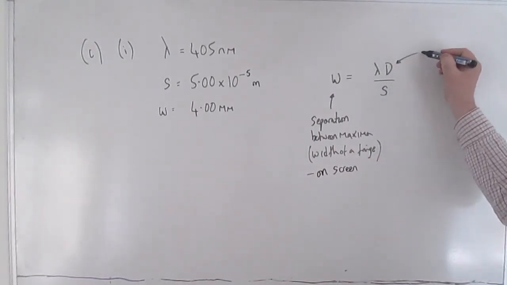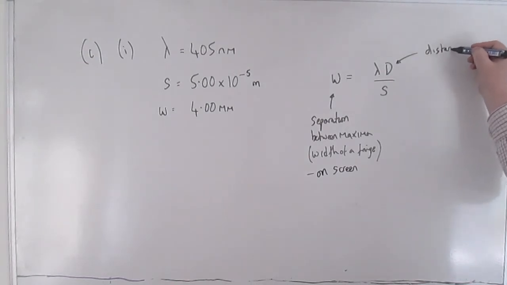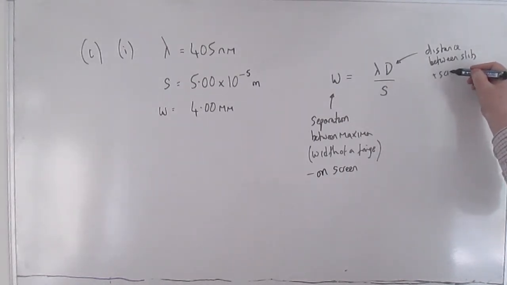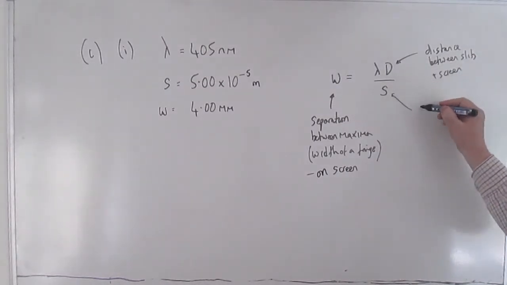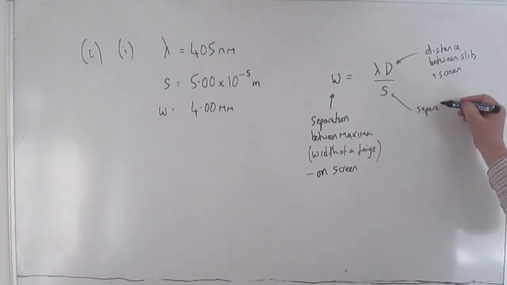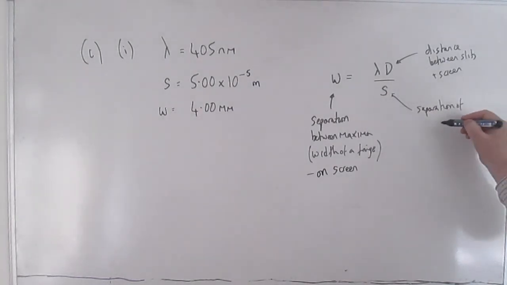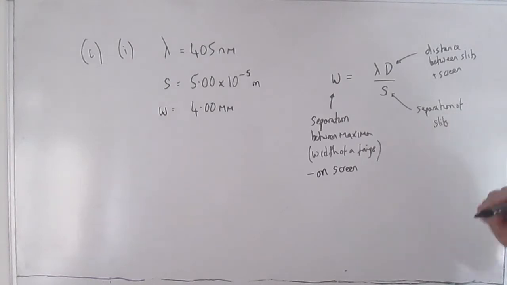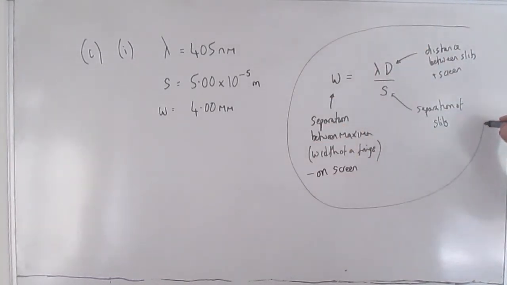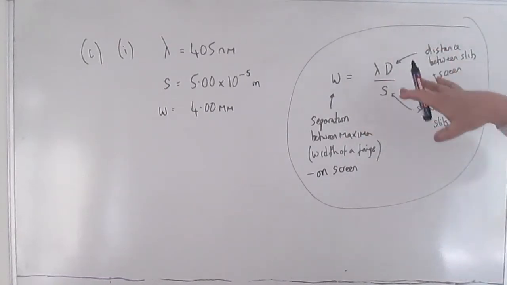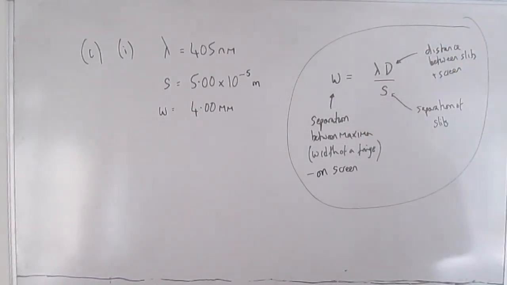D is the distance between the slits and the screen. And S is the separation of the slits. Okay, so that's the relationship that you're going to use, and so long as you get it right as to which one is which, then it's relatively easy to do this.